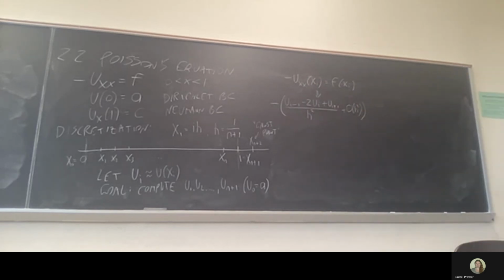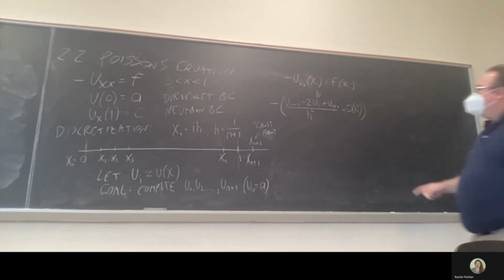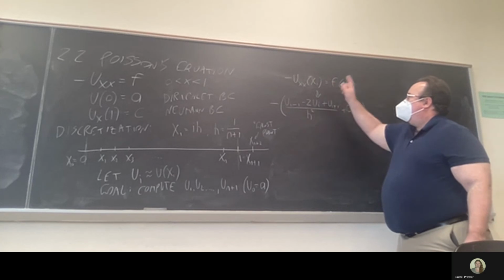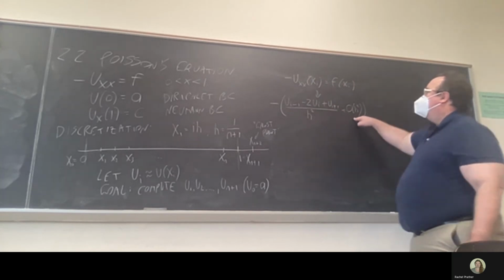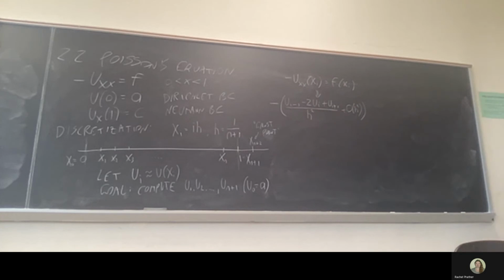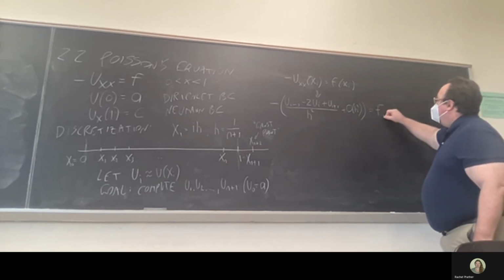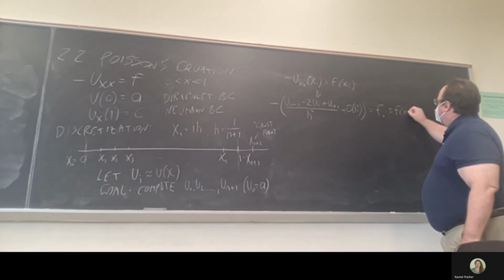Just have things in order from left to right. This is what we saw last time, the centered difference for the second derivative. This is an equality: the second derivative is equal to this approximation plus this error. And that is equal to f_i, which is defined to be f(x_i).